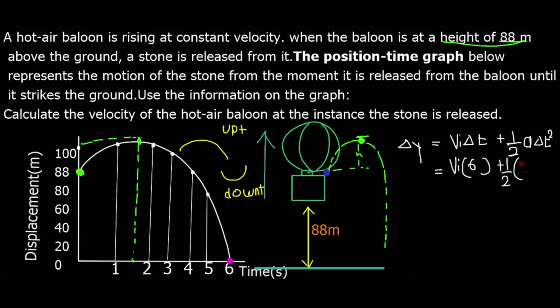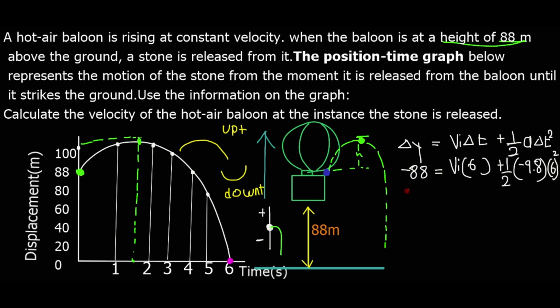And because upward is positive, this means g is negative 9.8, because acceleration is always downwards. And then finally the displacement is 88 for this object as it falls, but it will be negative because we chose upward as positive. If upward is positive, this means downward is negative. And this building is below the starting point, so that is why it is negative.